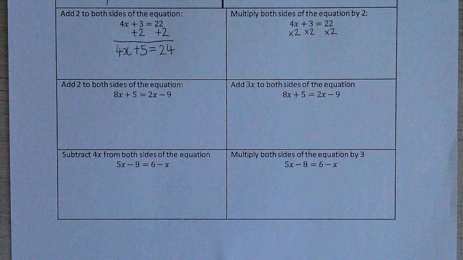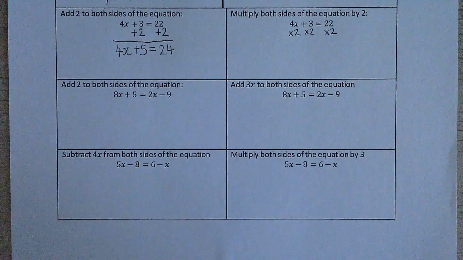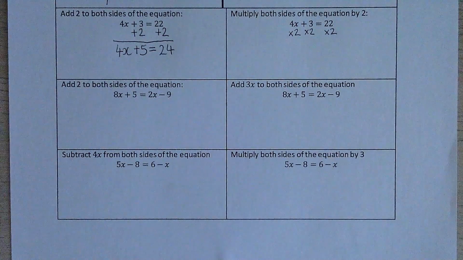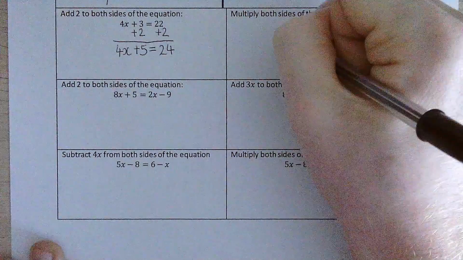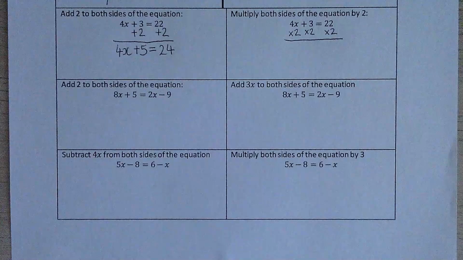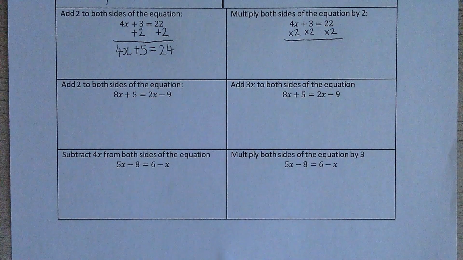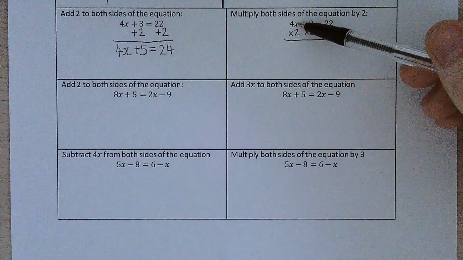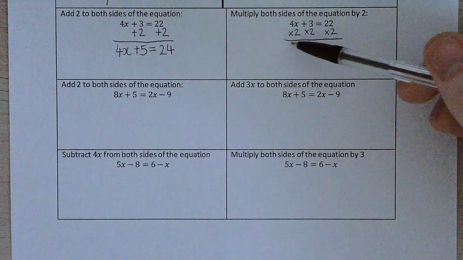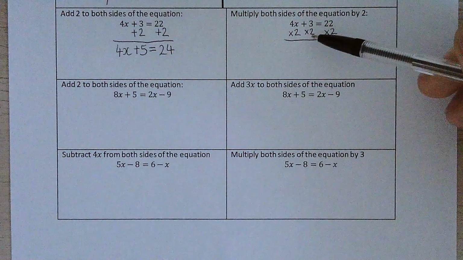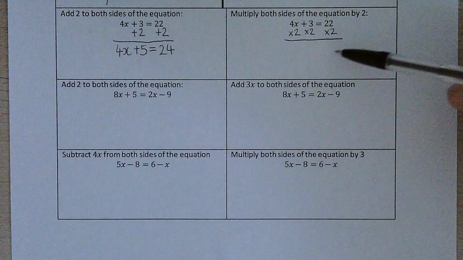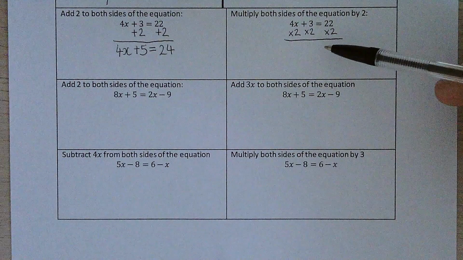For multiplying, it's really important that we multiply every single term by the number that we're multiplying by. Again, I'm going to draw a line underneath this, and here we're using column multiplication. I need to do 4x times 2 and write that underneath here, positive 3 times 2, write that underneath here, and 22 times 2 and write that underneath here, making sure to drop the equal sign down.